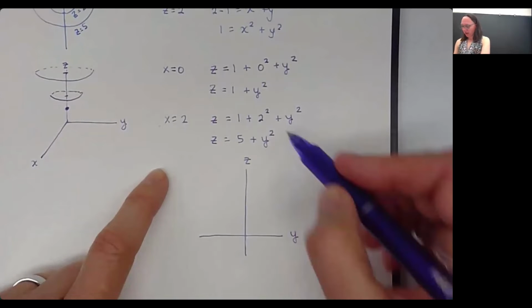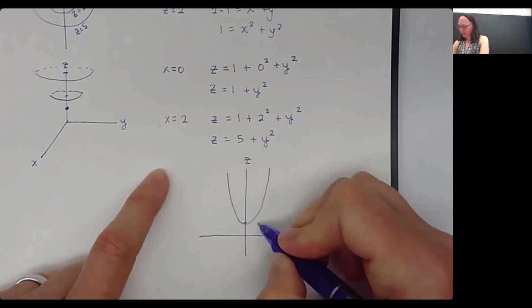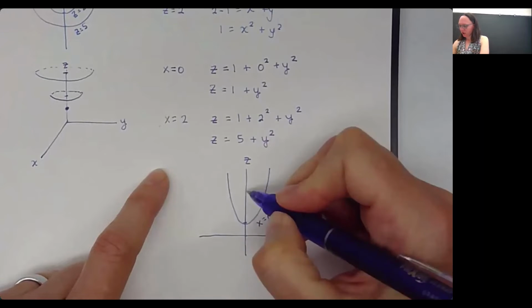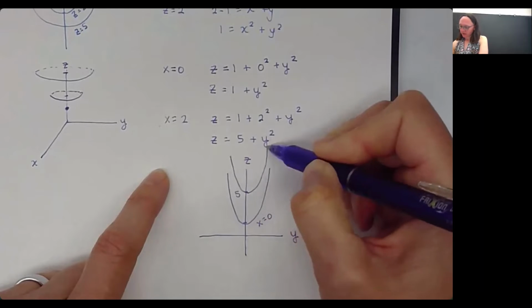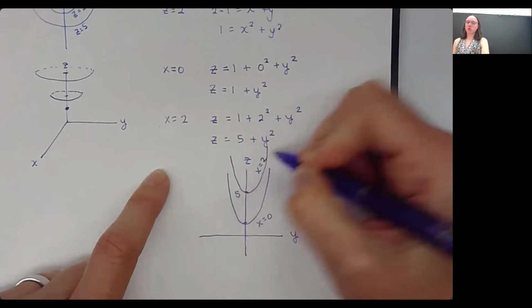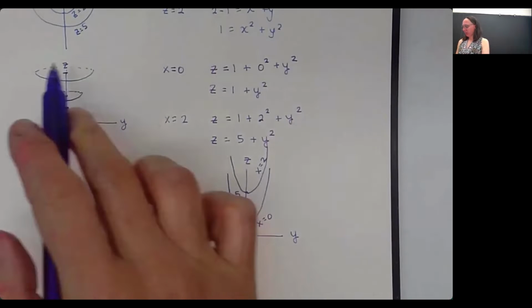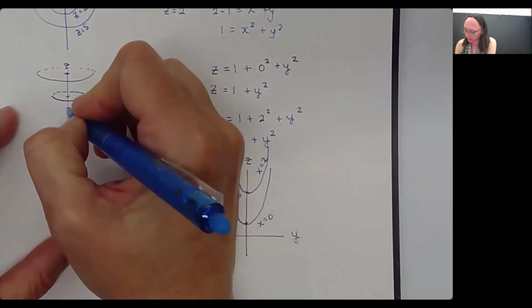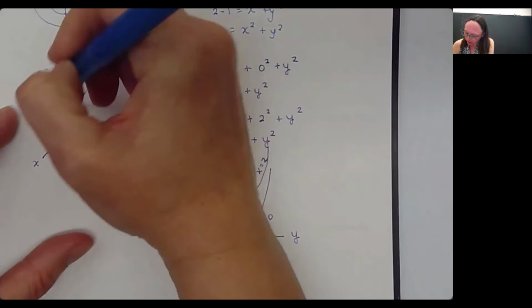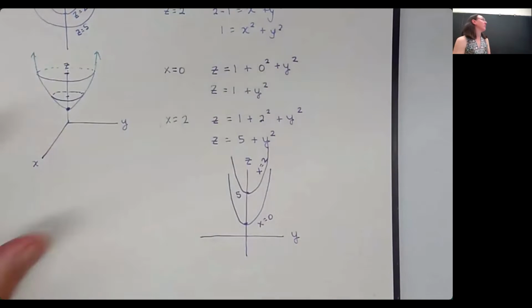So these would look like a parabola shifted up 1, that was at x equals 0, and a parabola shifted up 5 for x equals 2. And we can put that in on our 3-dimensional graph as well, especially that x equals 0 parabola. I can kind of show right in there.